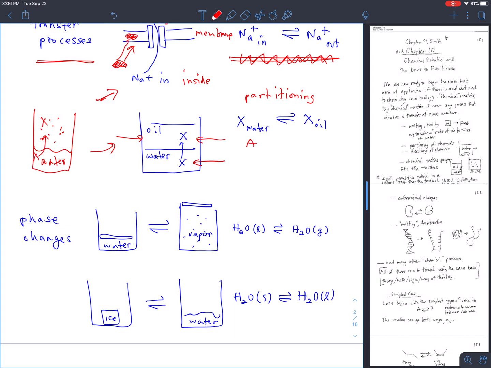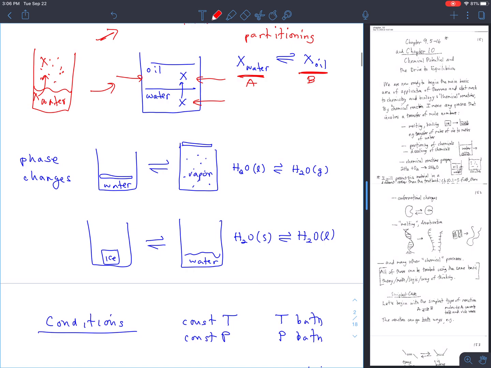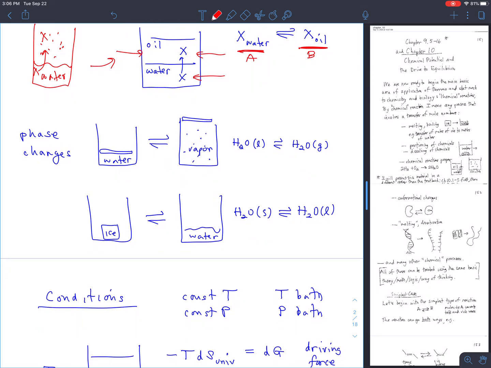And that can also be considered to be a chemical reaction where the same type of molecule, X, whatever that is, transfers itself physically from one place to another. Then that also can be treated by this very simple chemical reaction. Also phase changes. So I've got liquid water over here, I've got water vapor over here. That can be written in the following way as a chemical reaction.